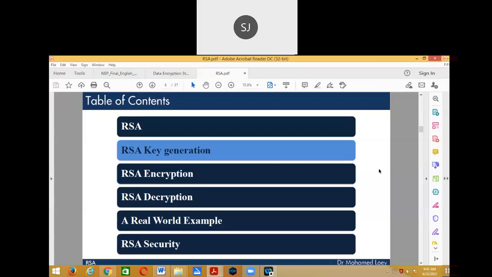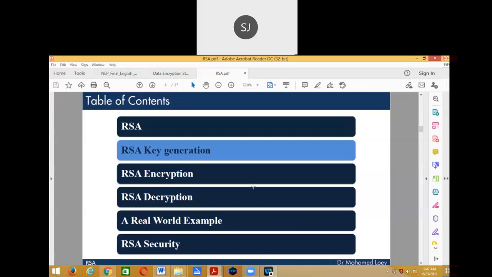Now, as I said, if A and B are communicating, A should have his private key and his public key. So who will generate this public key and private key?